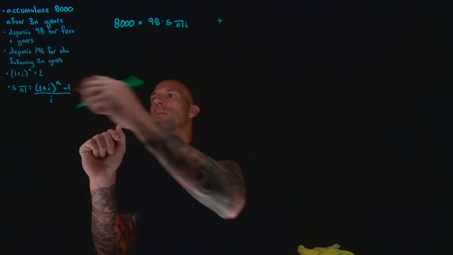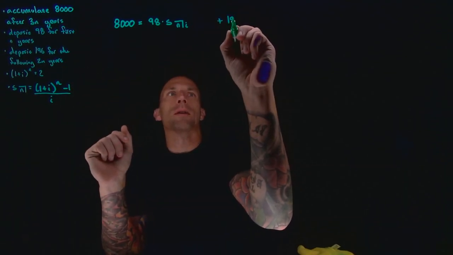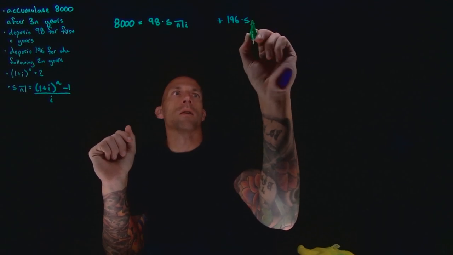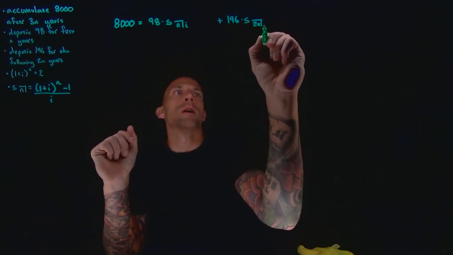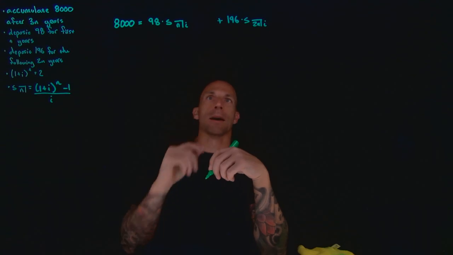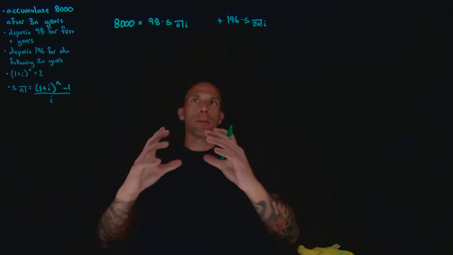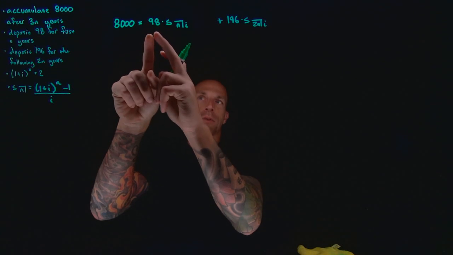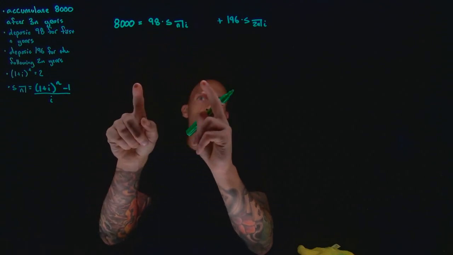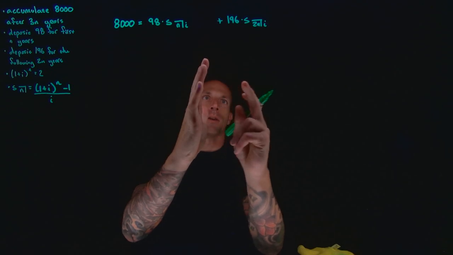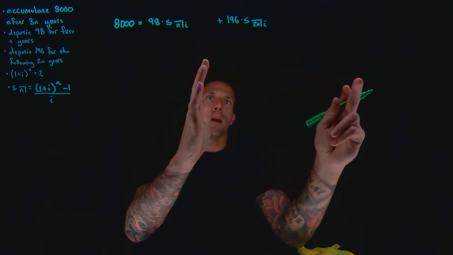And then we're going to make deposits of 196 for the following 2n years, again at some rate I. And I've left this blank spot here because think about what's happening. We make deposits of 98 for the first n years, and then we just sit on that and start making deposits of 196 for the following 2n years.